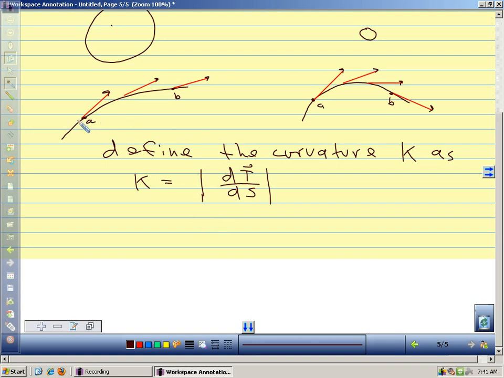So as we're moving on this curve from A to B, the magnitude of the derivative of the unit tangent vector with respect to the arc length is smaller than the rate of change of the unit tangent vector with respect to arc length when we have a higher curvature. So this definition is going to give us a lower curvature here and a higher curvature here. And we call this the magnitude of T prime with respect to S.